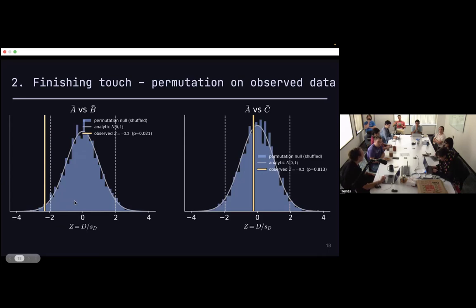The null hypothesis will tell you that those distributions should be the same and should be centered around 0 and obey the Gaussian law. But our real observed difference in samples for the left case, A and B, shows that the observed difference is falling beyond the 2 sigma.